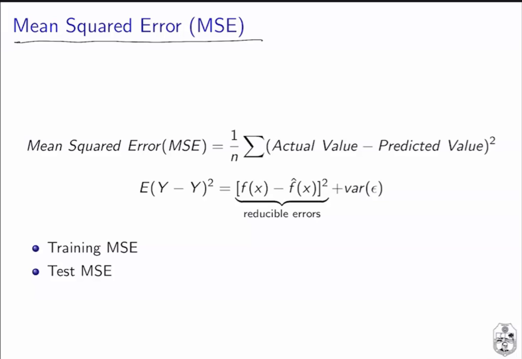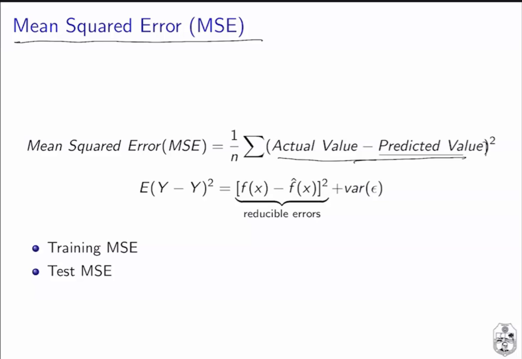The mean square error is the difference between the actual value and the predicted value, and we take its square. Why do we take the square? Sometimes the predicted value is greater than the actual value, in which case the difference is negative, and sometimes the predicted value is less than the actual value, in which case it is positive.